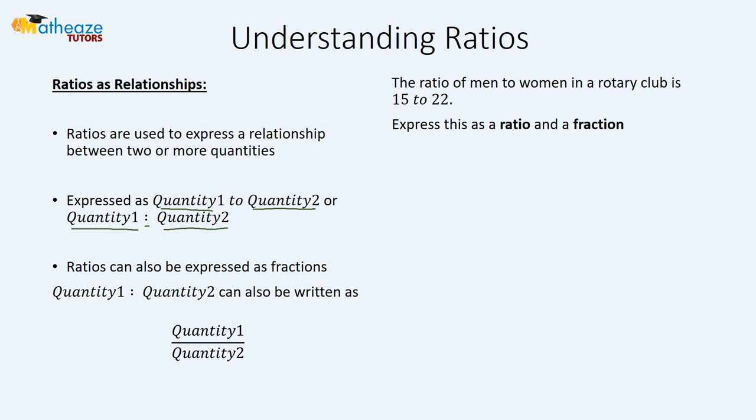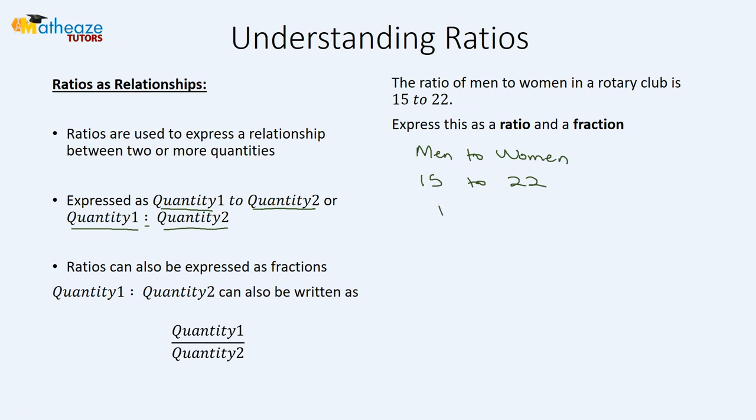The ratio of men to women in a Rotary Club is 15 to 22. Express this as a ratio. So let's say men to women, that is 15 to 22.